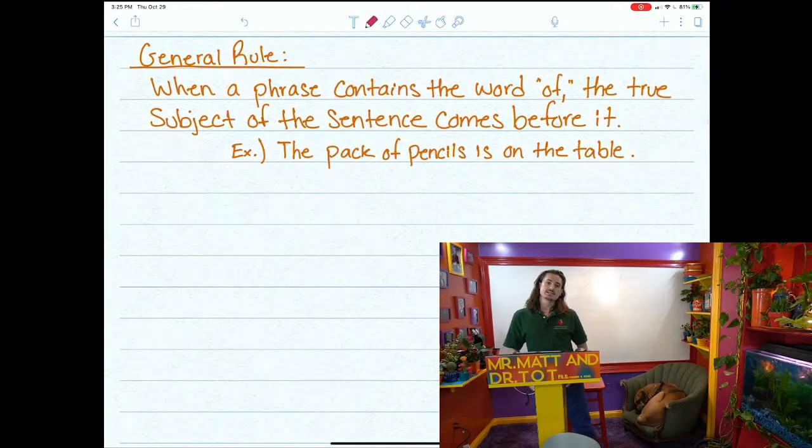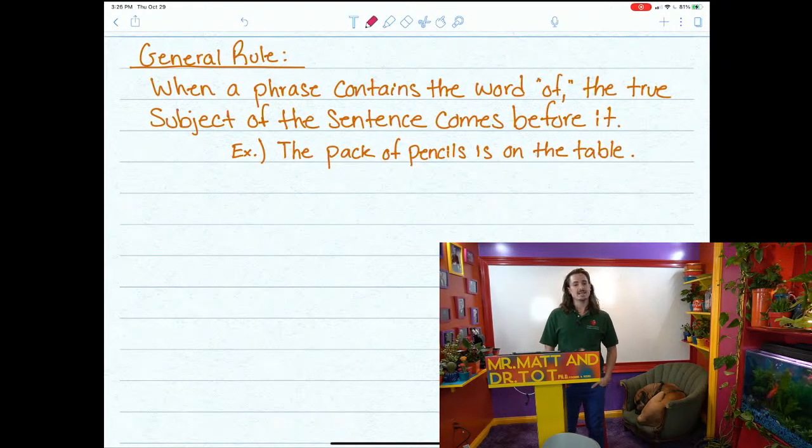So today's lesson is on phrases that contain the word of. So in general, when a phrase contains the word of, you're going to be guided by the subject that precedes the word, that comes before the preposition of. So, for example, the pack of pencils is on the table.